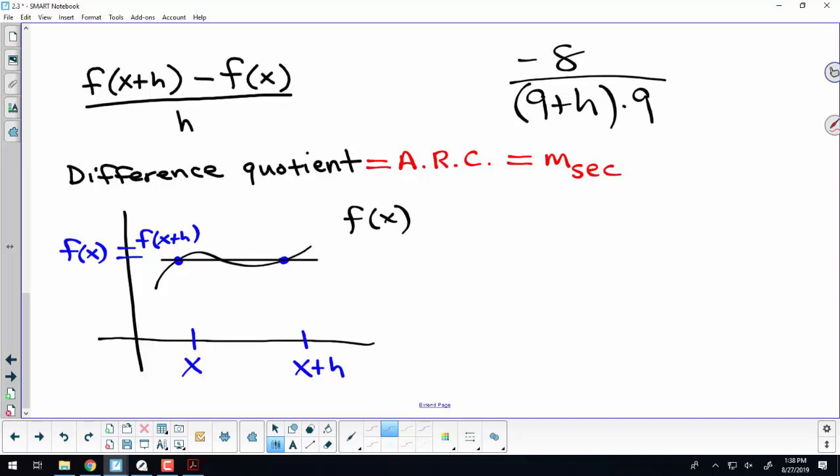And so if we compute a slope and say, all right, this is my difference quotient, then that just gave us the slope of the secant line. But from 2.1, we said, if I insert a limit on the slope of my secant line, what does that turn into once I compute that limit? Slope of the tangent line.